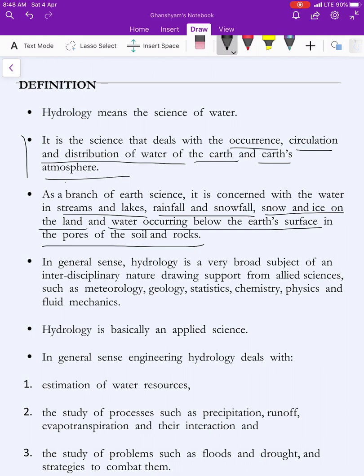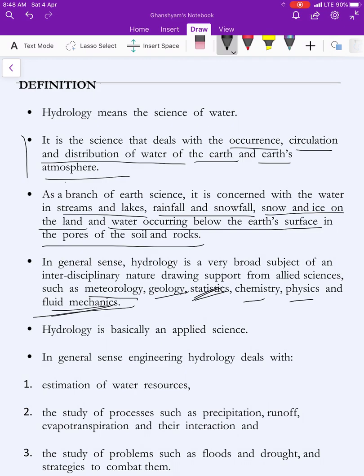So to study hydrology as a subject we need to know a lot about other sciences also, such as geology, statistics, chemistry, meteorology, physics and fluid mechanics. So statistics particularly and fluid mechanics, as water is a fluid. The knowledge of statistics is needed because there is a huge amount of data we are going to deal with while studying the hydrological data.